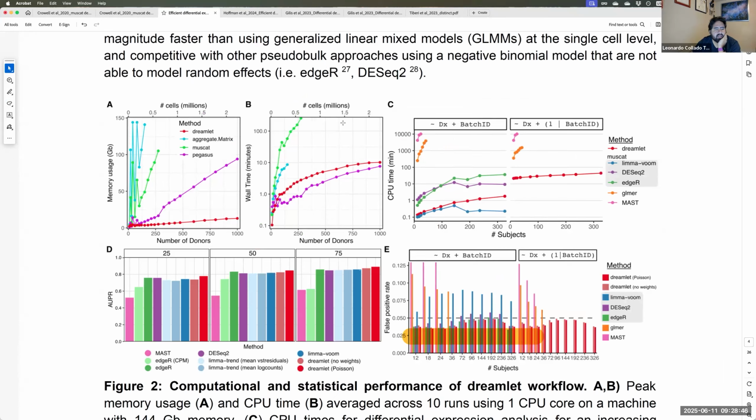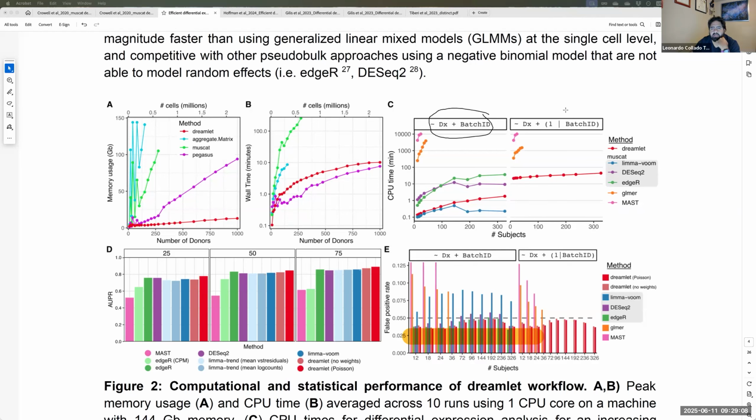That's highlighted in these figures too, where on panel C, we can see scenarios where they're modeling diagnosis, which is a variable of interest, using a fixed effect model for diagnosis, but also a fixed effect model for batch ID.